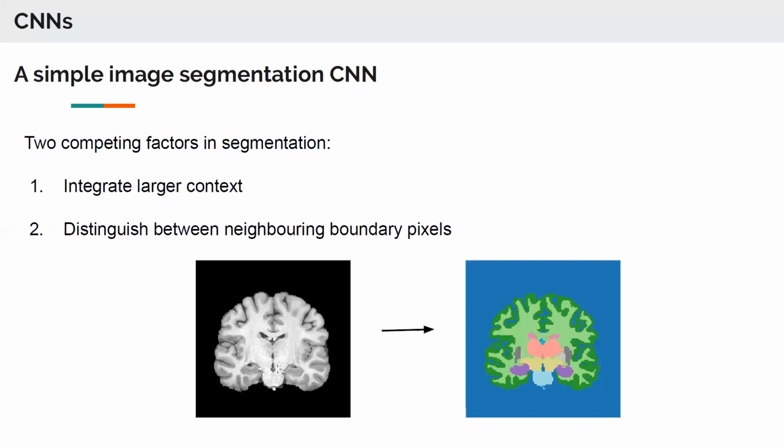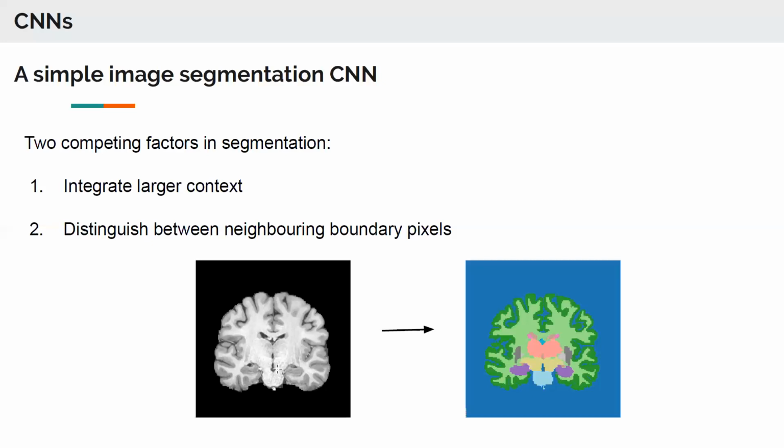So there are these two kind of opposing factors, one which wants you to look at a larger context, and the other which wants you to really concentrate on neighboring pixels and make a decision based on that. Because the context is going to be the same for two neighboring pixels. But still, if there's an edge in between them, then those two pixels should get different labels, right?